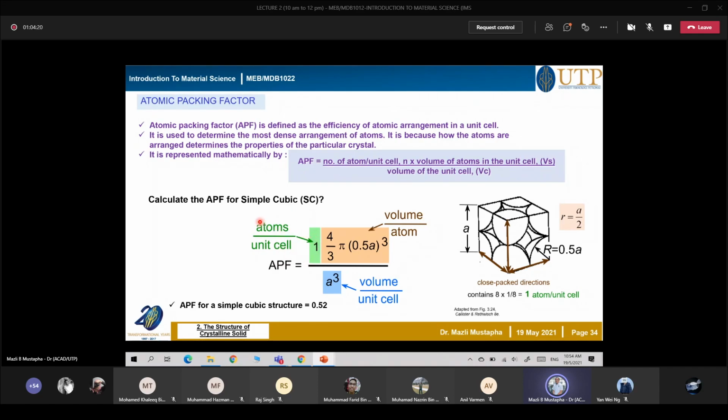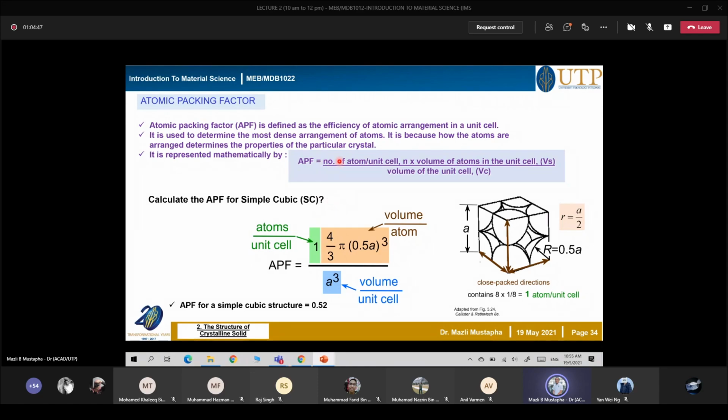For simple cubic, it is 1. Everybody agrees, because we only have atoms at the corner, each shared by another 8 cells. So 8 times 1 over 8 is 1. That's why the number of atoms for the simple cubic is 1.